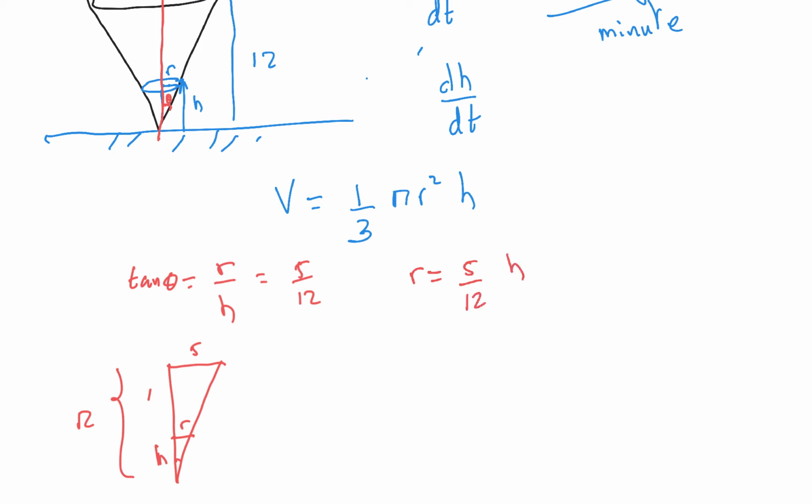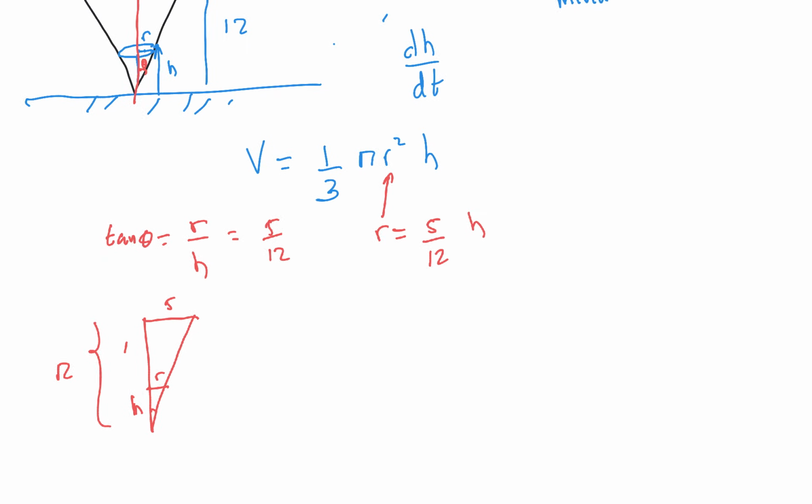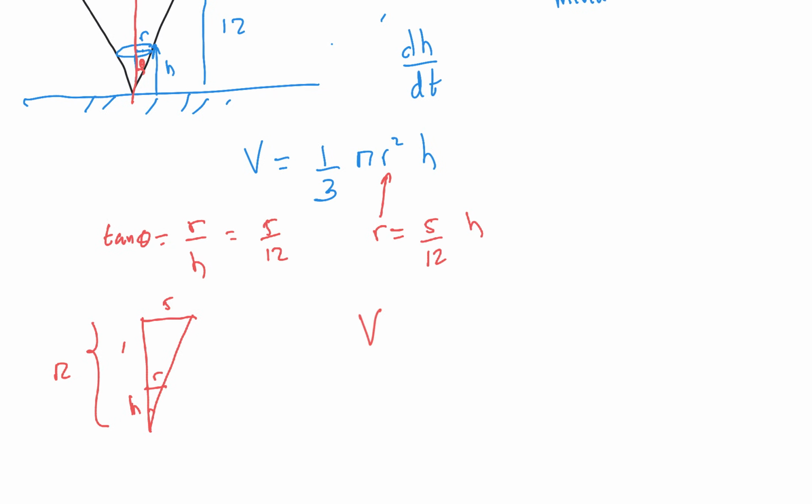And now I'm going to plug this into the equation for the volume, and I'm going to use implicit differentiation to find the derivative of h with respect to t. Let's do it. So the volume will be 1/3 pi r squared. R squared will be 25 divided by 144 h squared, multiplied by h.